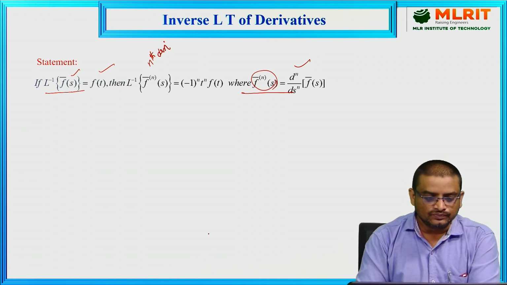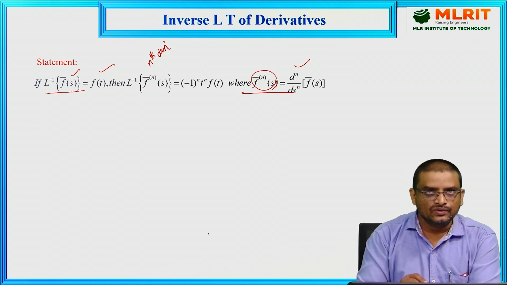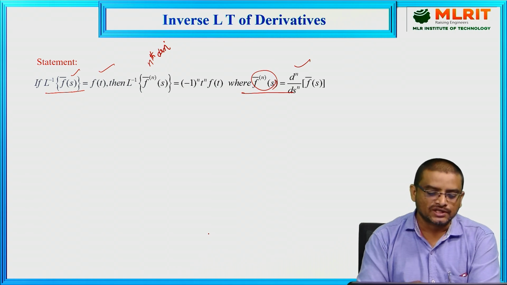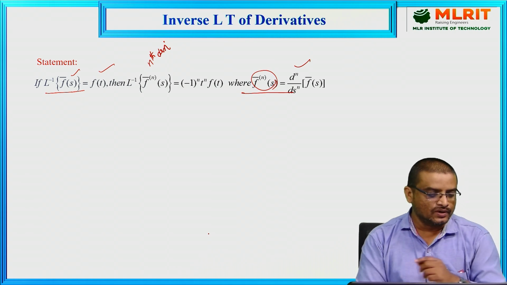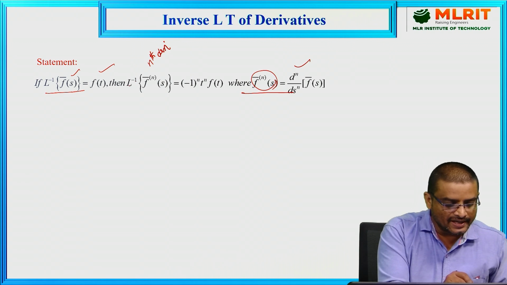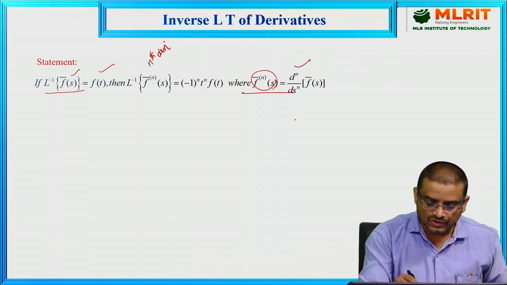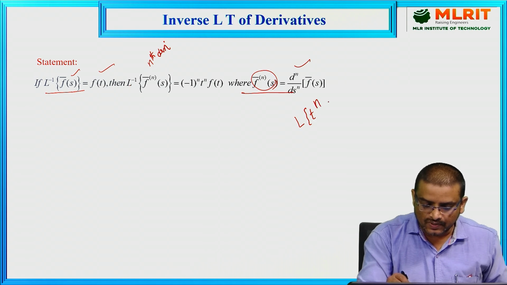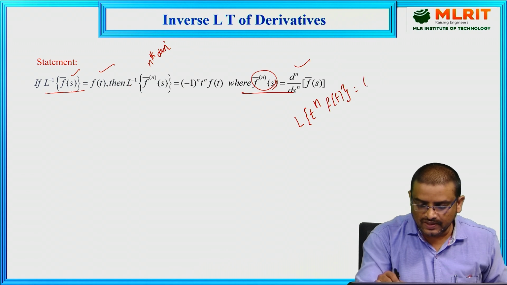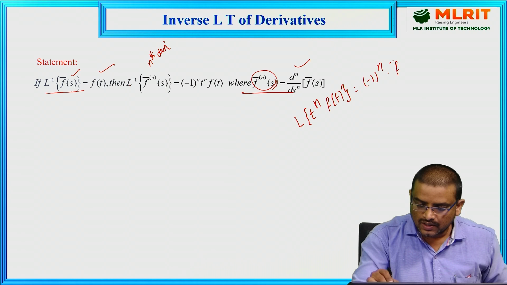So if you go for the Laplace transform, first you send this L inverse to this side, so you will get the Laplace transform of t power n into f of t, which is given by minus 1 whole to the power of n into nth derivative of f bar of s.